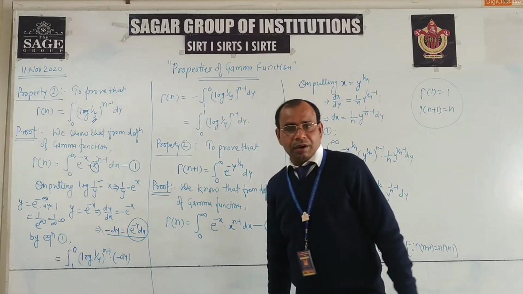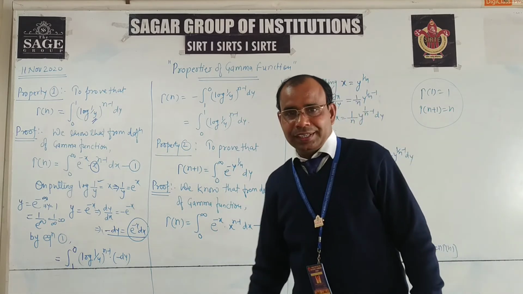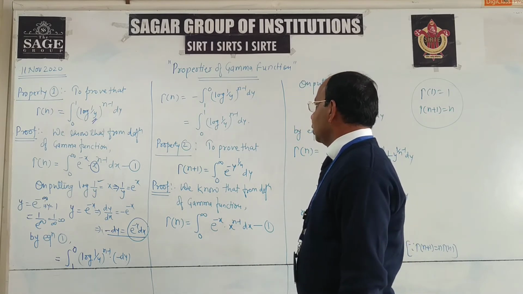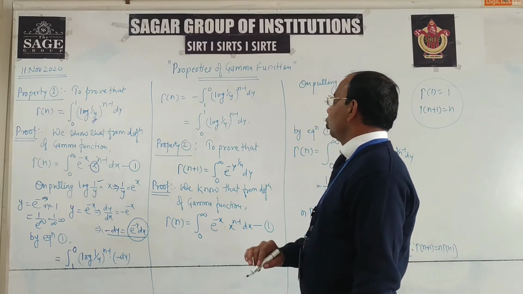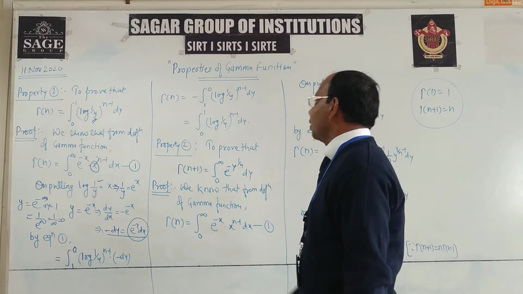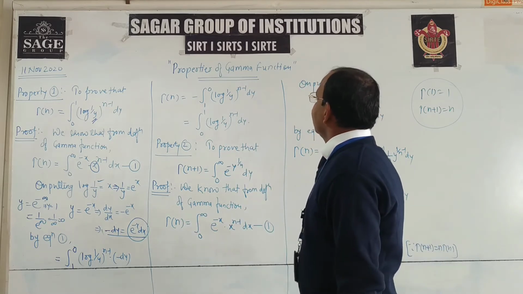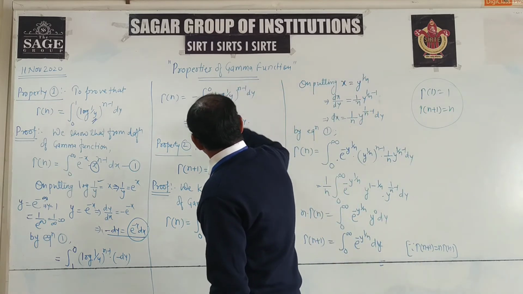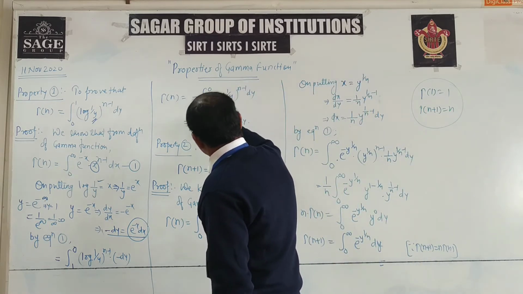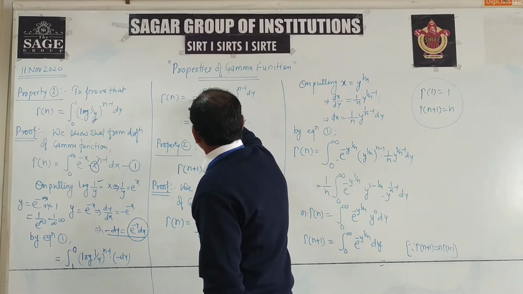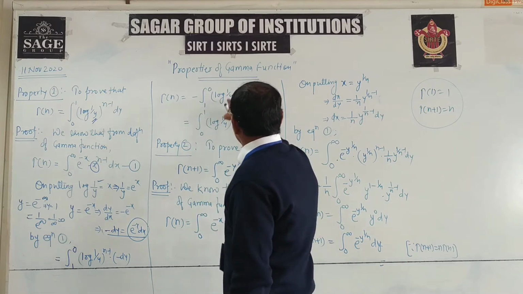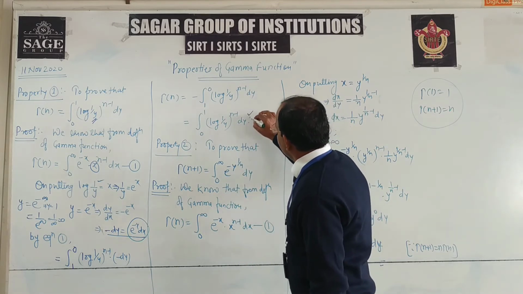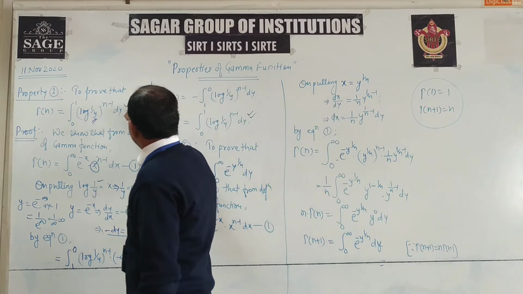By the property of definite integral, if we interchange the upper limit and lower limit, we use a negative sign. So changing the limits to 0 to 1, the minus sign becomes plus: the integration from 0 to 1 of log 1 upon y to the power n minus 1 dy. This is the proof of the first property.